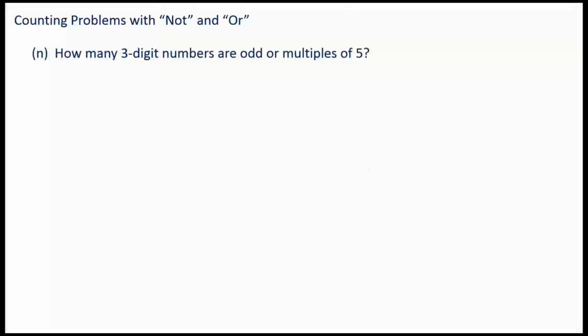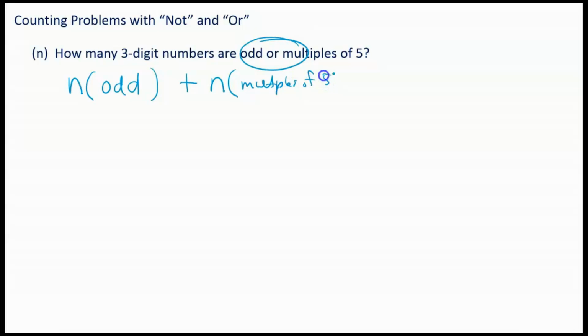All right, so our example is, how many 3-digit numbers are odd or multiples of 5? So notice again the or. That's telling us to calculate the number of odd 3-digit numbers, plus the number of multiples of 5 3-digit numbers, but we've got to subtract out any intersection.